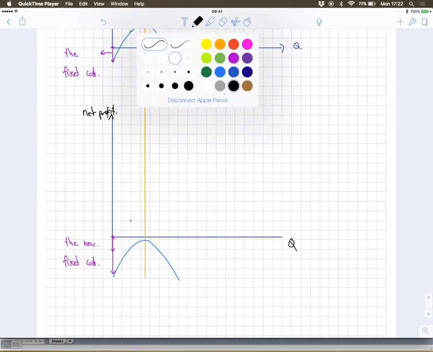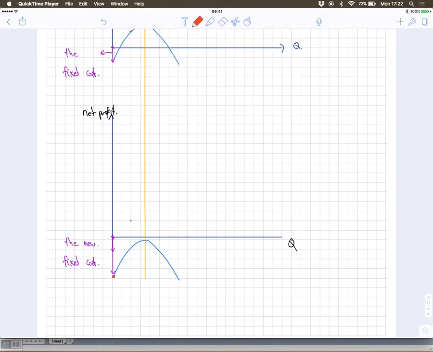It would have been very obvious if I asked you, would you prefer to make minus 2 million in profit, or would you prefer to make minus 1 million? Of course, I would prefer to make a loss of 1 million rather than a loss of 2 million.